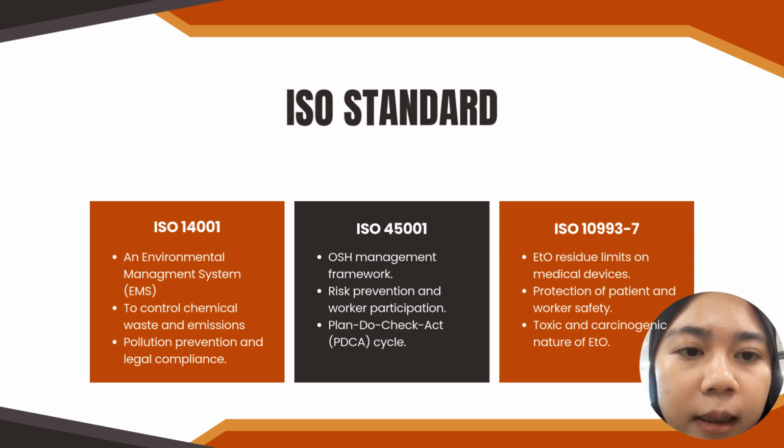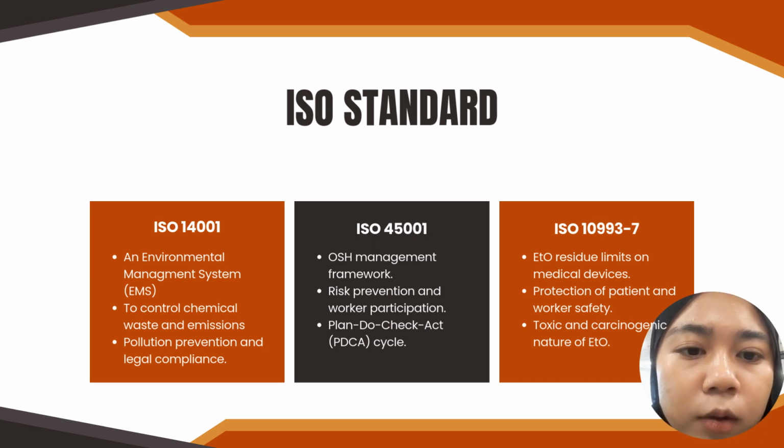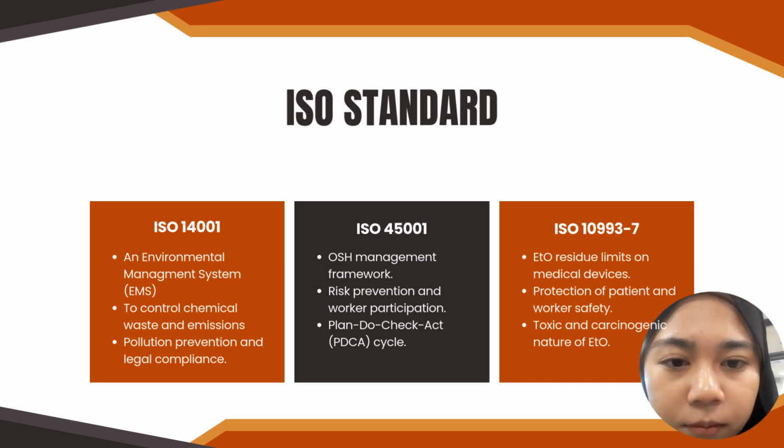Hazardous waste like ethylene oxide must be handled using strict disposal protocols to prevent pollution. Emission monitoring and wastewater treatments are also implemented to ensure compliance with environmental regulations and to reduce environmental impact.